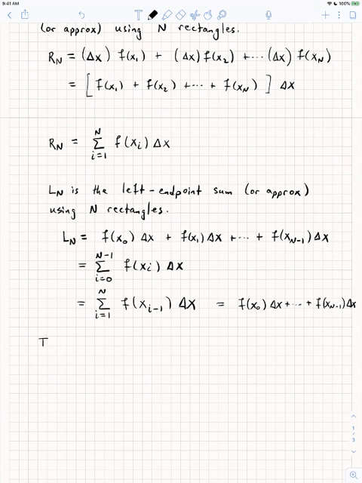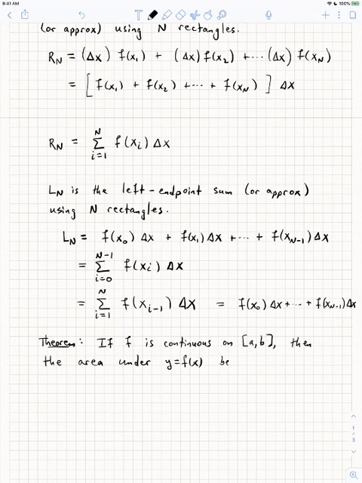And the theorem says that provided f is continuous, so if f is continuous on this interval from a to b, then the area under y equals f of x between x equals a and x equals b is: area equals the limit as n goes to infinity of R sub n, or, if you prefer, the limit as n goes to infinity of L sub n.